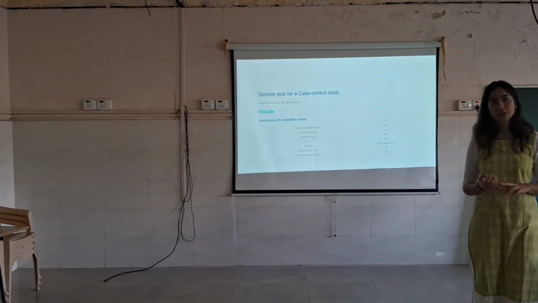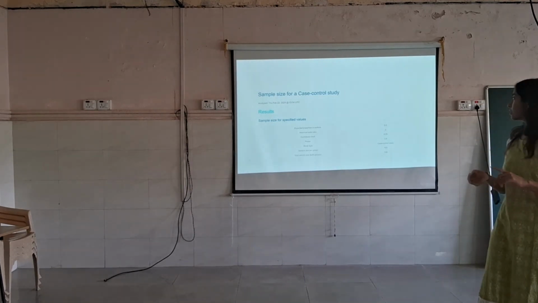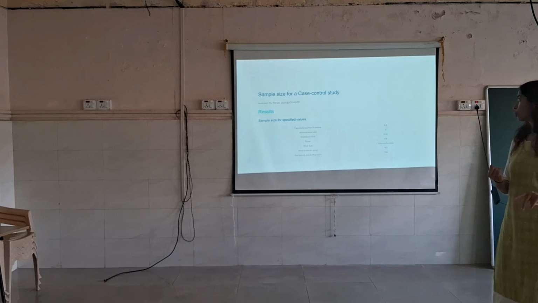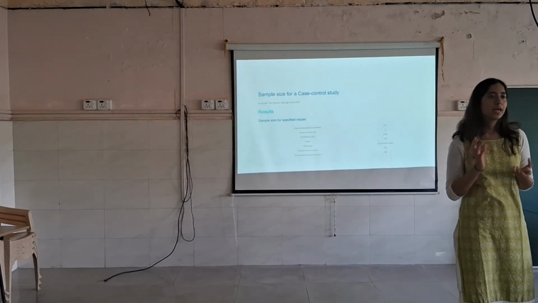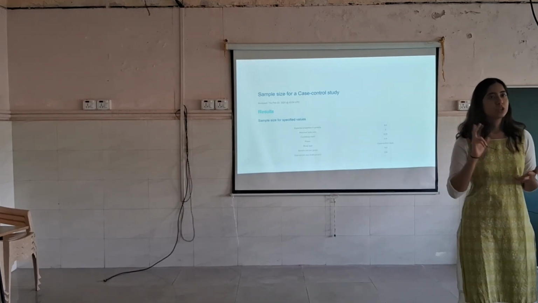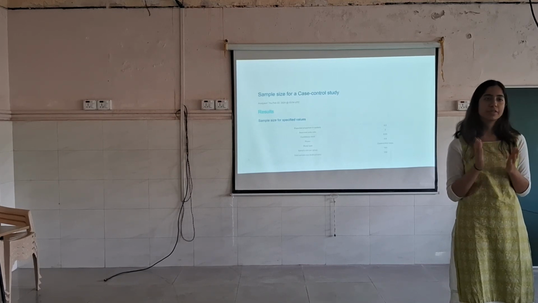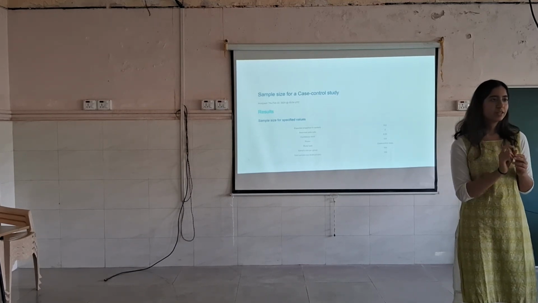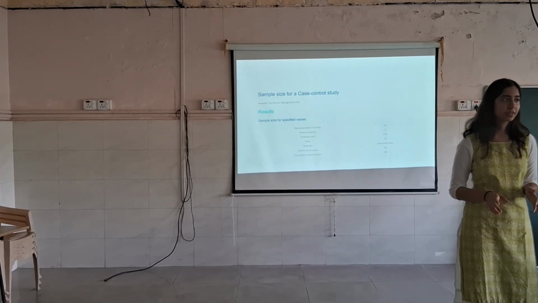There is a parameter called study power, which is 0.8 here. You have the study type as case control, and there is something called a confidence interval. Based on the confidence interval, you have something called a p-value, which will also indicate significance. So, for example, at a confidence interval of 95%, your p-value should come to below 0.05 for your study to be significant.